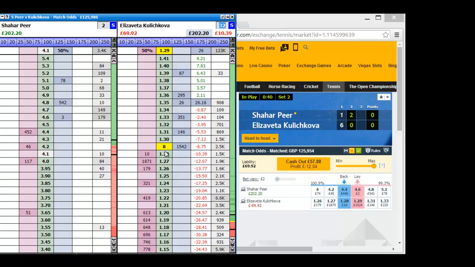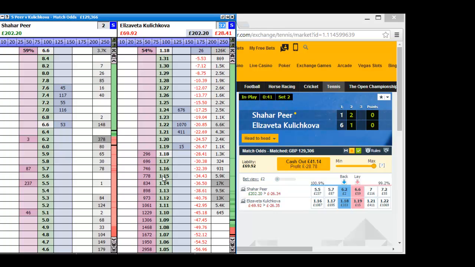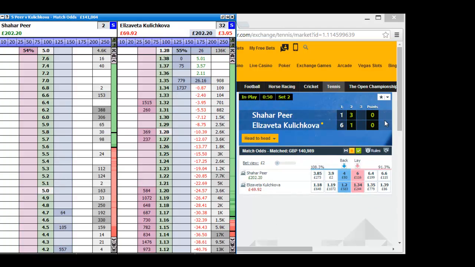So we're waiting for that to get matched. Now Peer, as we've seen, actually broke serve. So she's now serving in the third game of the second set. But it hasn't started well, and looks like she's going to be broken back, which she was, which wasn't good news for us. And then we can see the odds plummet back down again in Kulichkova's favour, round about 1.20.